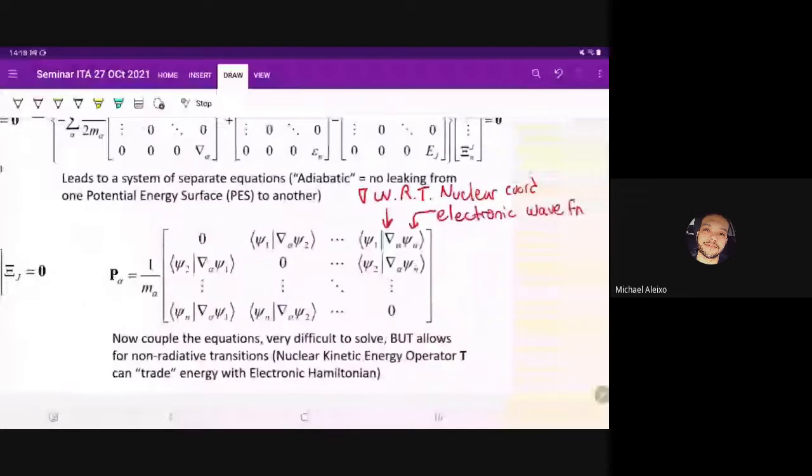Or if you're familiar with electronic structure theory, and if you're going to take Professor Lischka's mini course here, I think it's next week or maybe the week after, configuration state functions are what we will be taking derivatives of, okay?